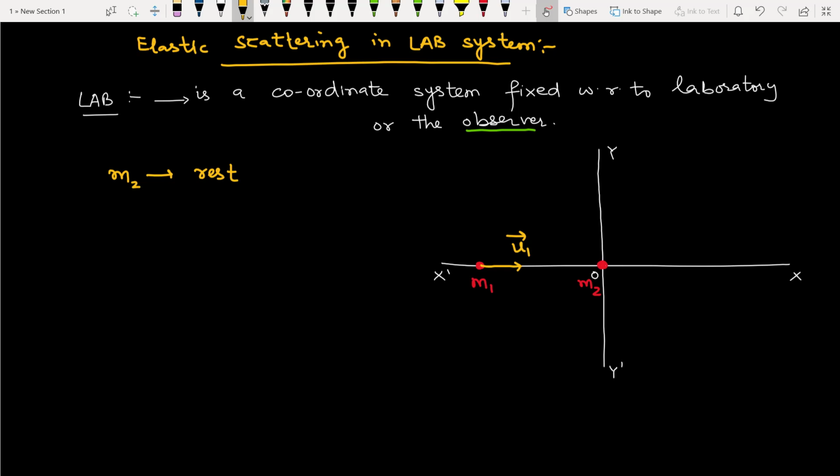Then after some time collision will take place and both the particles will be moving along different directions. Let us assume that the particle m1 is moving in this direction and particle m2 is moving in this direction.